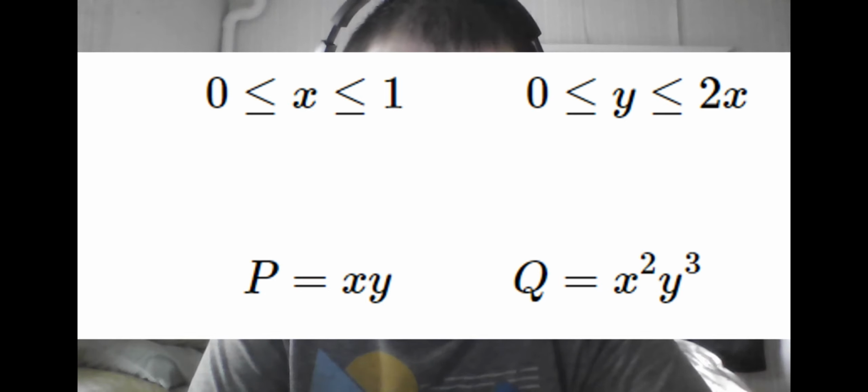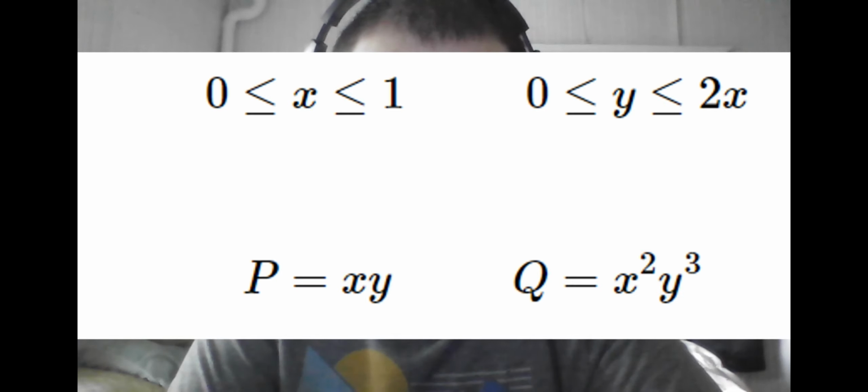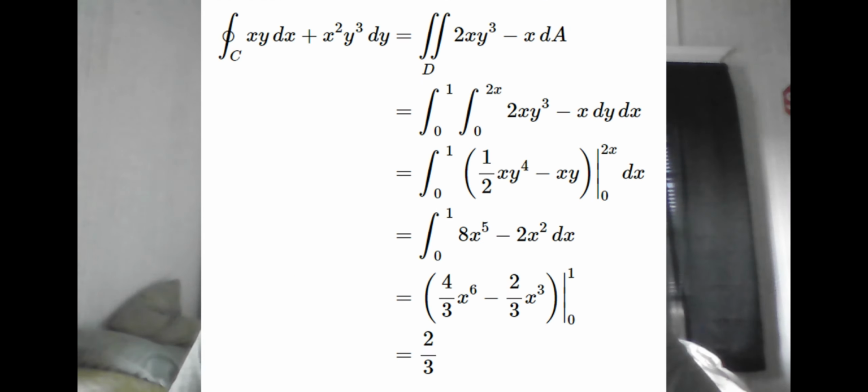So now, because we know that Green's theorem will work for this, we can apply figuring out the P's and Q's for the partial derivative, and also using the limits for x and y specified in the graph of the triangle. So now, we simply use methods we already know are true from computing double integrals, and we get a finite answer of 2/3.